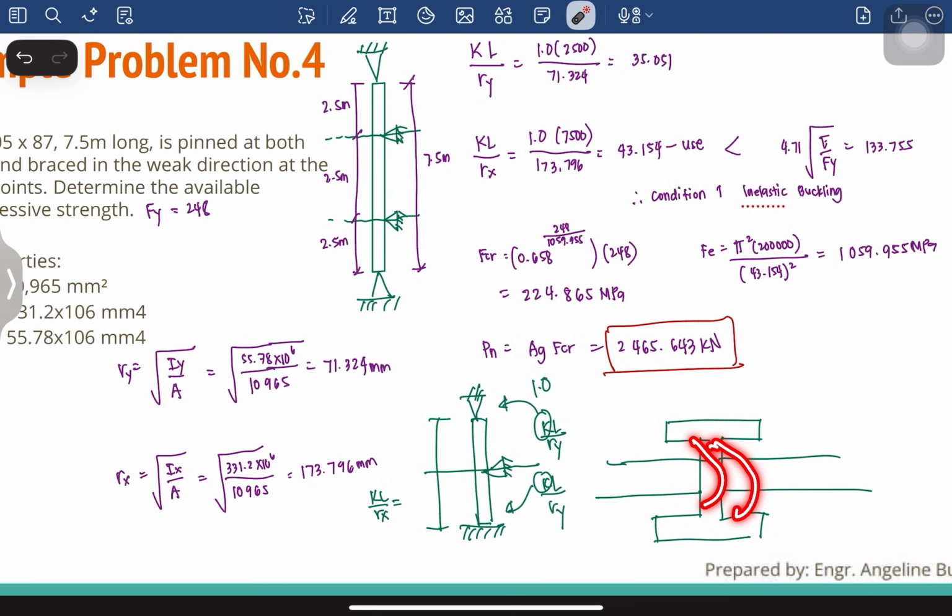Pwede siyang mag-bend ng ganito. Kaya, diyan nilalagay yung bracing, para maiwasan yung pag-bend laterally. Then, dito naman sa strong axis, sa direction na to, mahirap siyang i-bend. Kaya wala diyang nilalagay na support. Kaya yung kinoconsider po diyan is yung buong length.